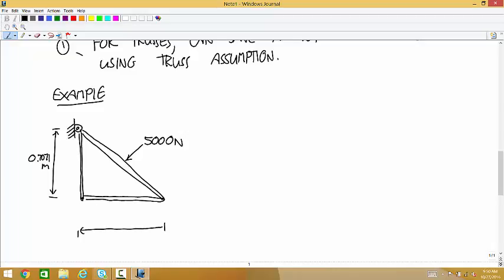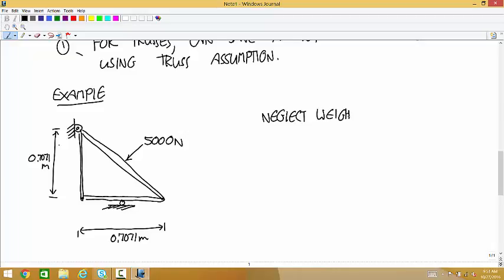So that means that the diagonal member is 1 meter long. And then there's a roller at the midpoint of the horizontal member to put it in static equilibrium. And we're going to neglect the weights.